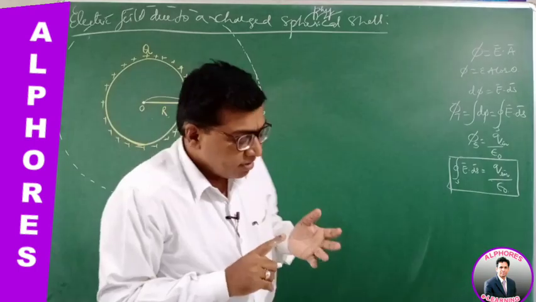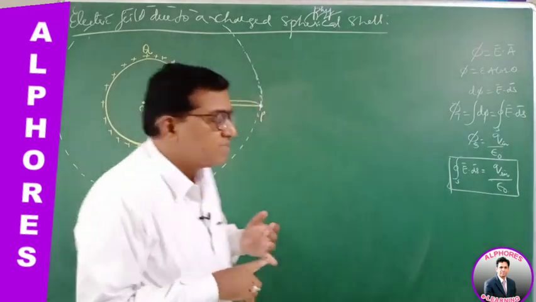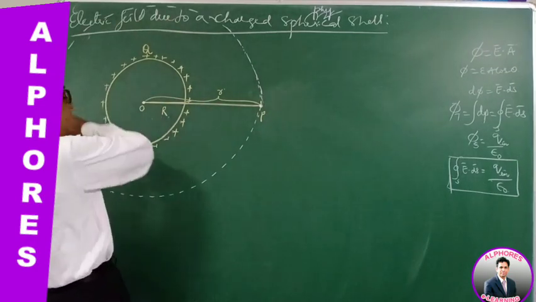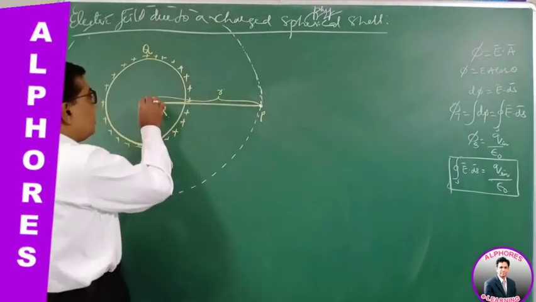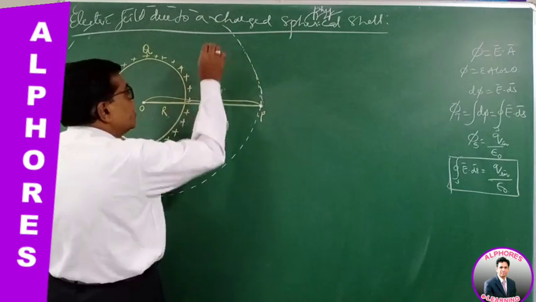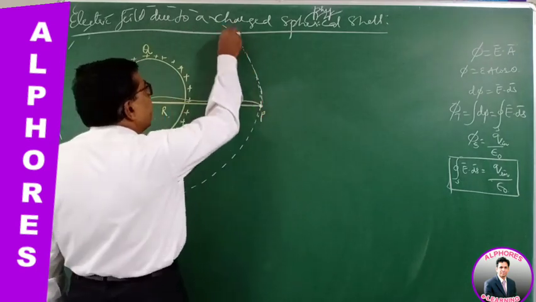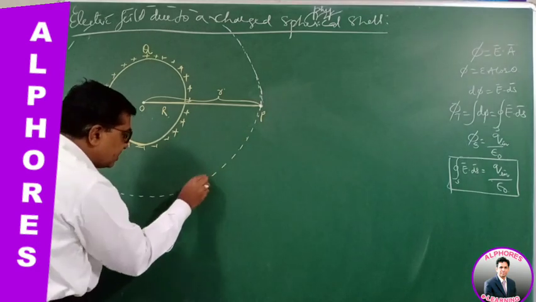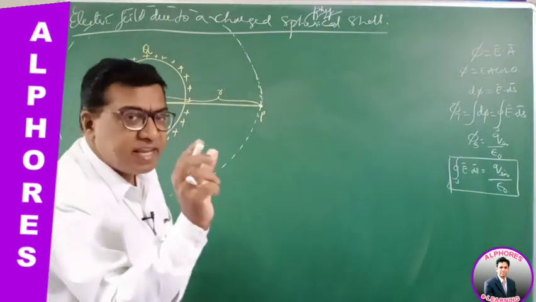Because for such a case, the Gaussian surface is equidistant from the center, so all the points are at the same distance. So the electric field at all the points on the Gaussian surface will have the same magnitude.